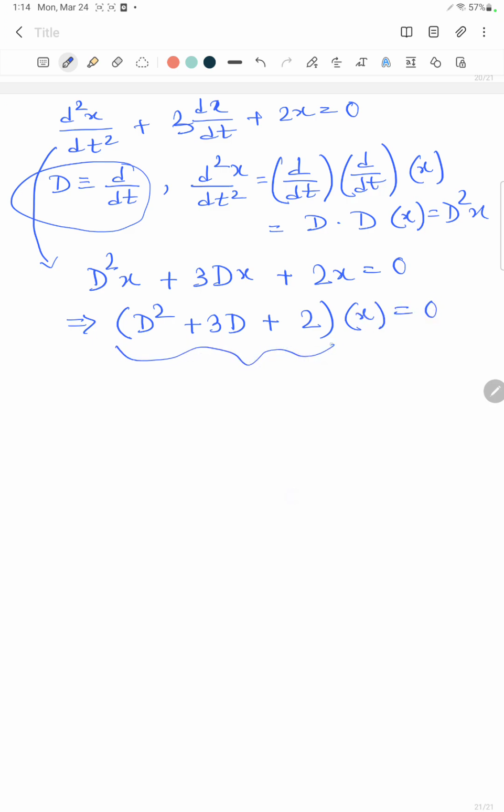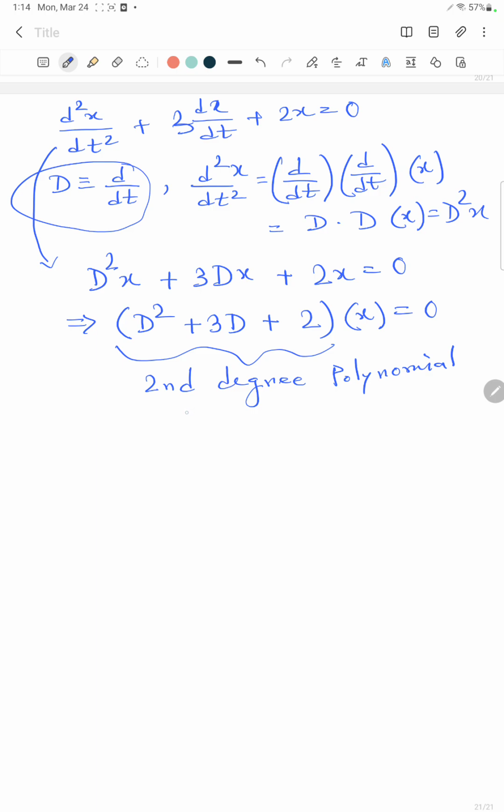Now see what this is. This is a second degree polynomial, which is often called a quadratic polynomial.